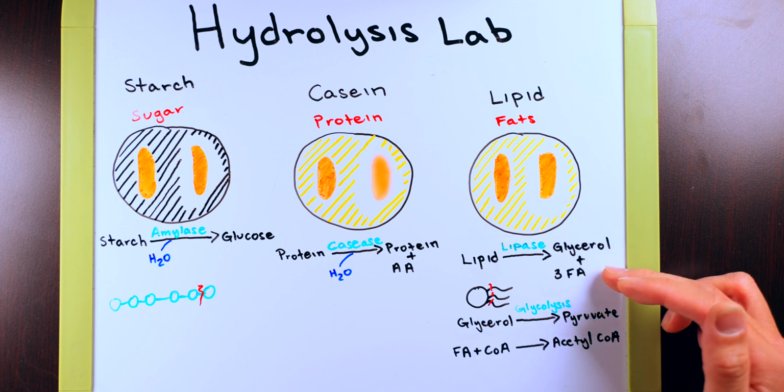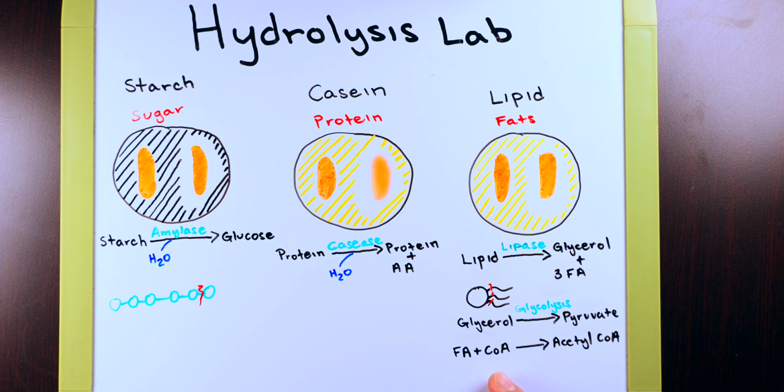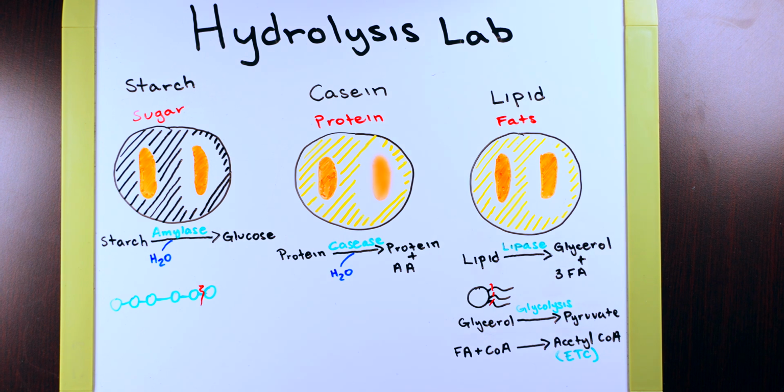And then each fatty acid tail can react with coenzyme A to become acetyl-CoA and go through other energy processes such as aerobic respiration, to create more energy, such as the electron transport chain. And this is why in a single cycle, lipids produce so much more energy than proteins and sugar, because in one cycle, you get 4 energy producing molecules compared to the process that gives you a single amino acid or a single glucose molecule in your starch and casein plate.